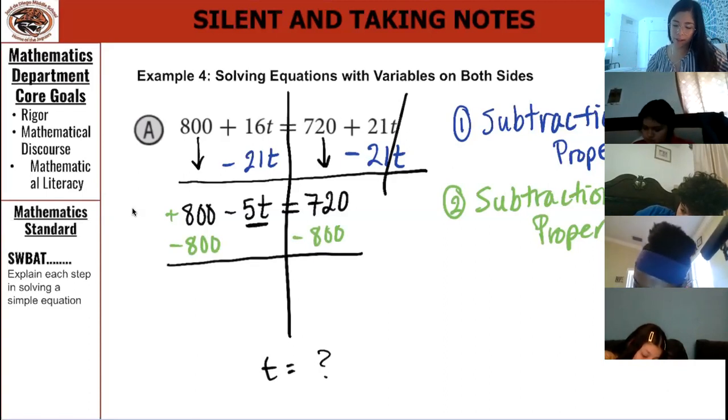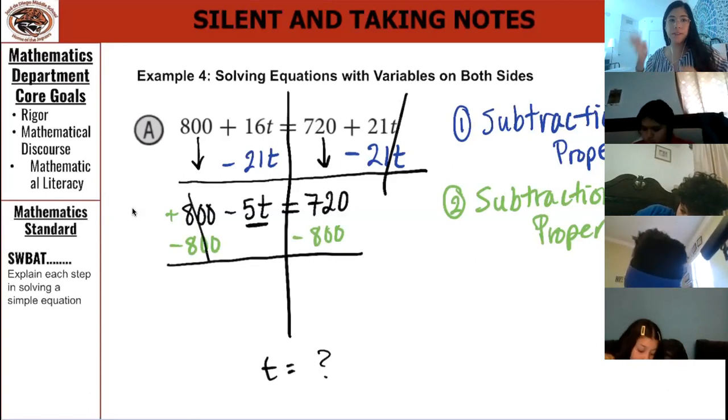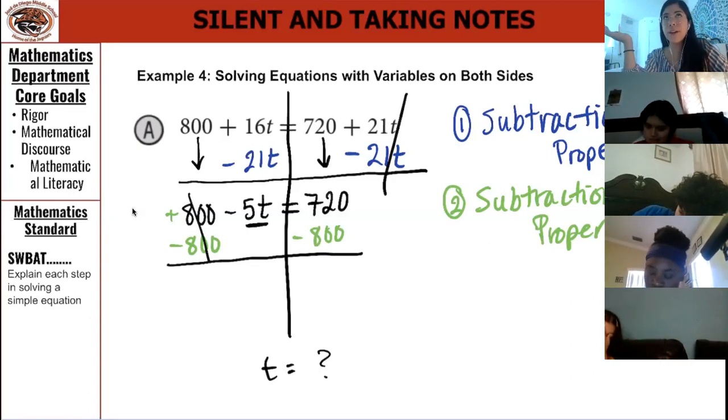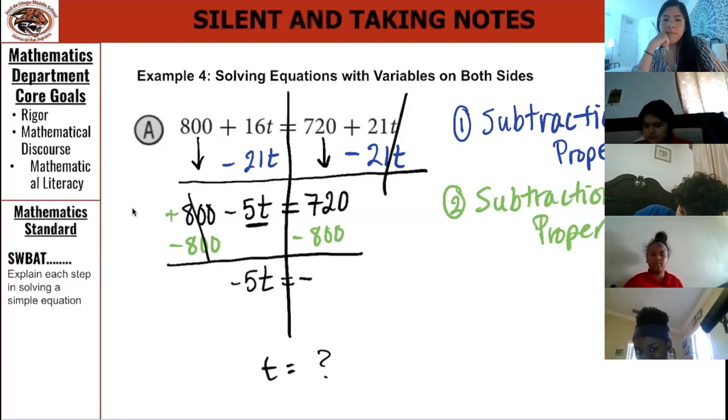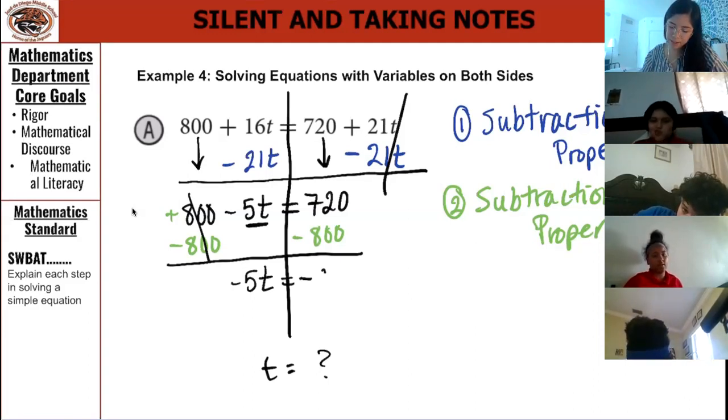And again, working with positives and negatives, we have to make sure we're comfortable with that. So when I do 720 minus 800, am I going to have a positive answer or a negative answer? Negative. Okay, so I already know this is going to be a negative number. See if you can figure out what it is. Negative 80. Exactly.